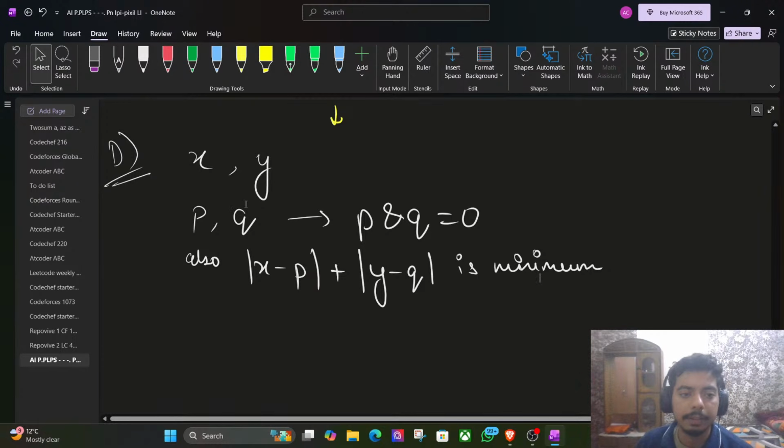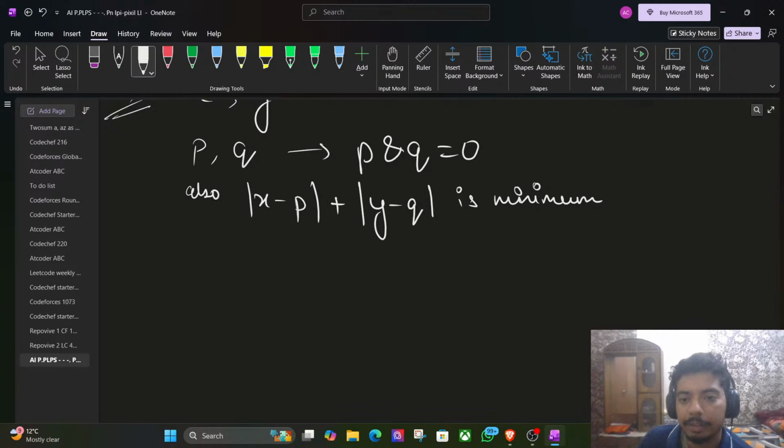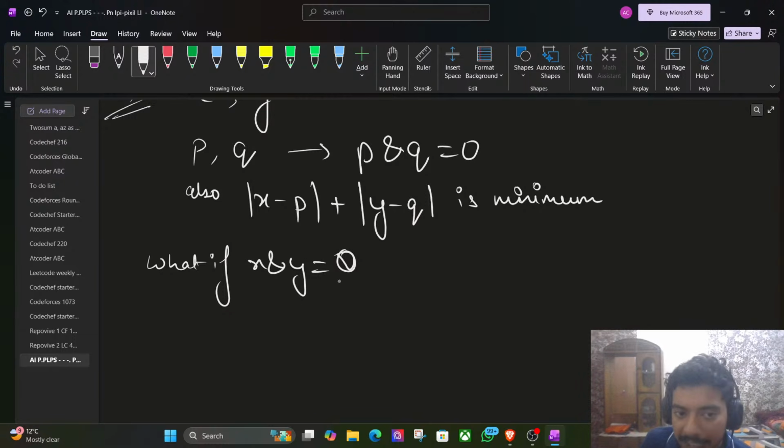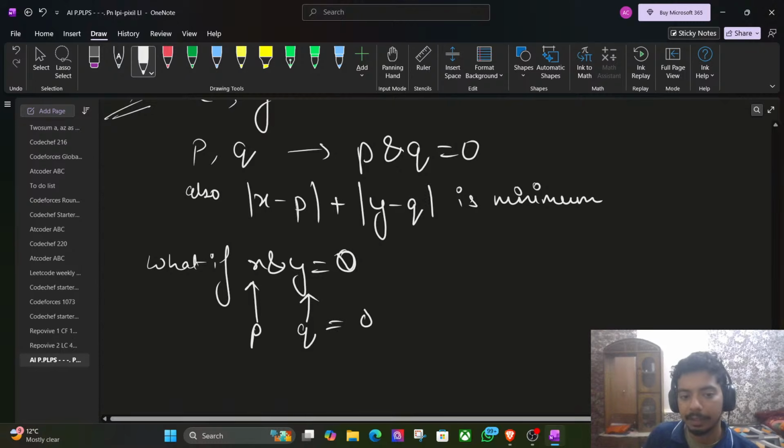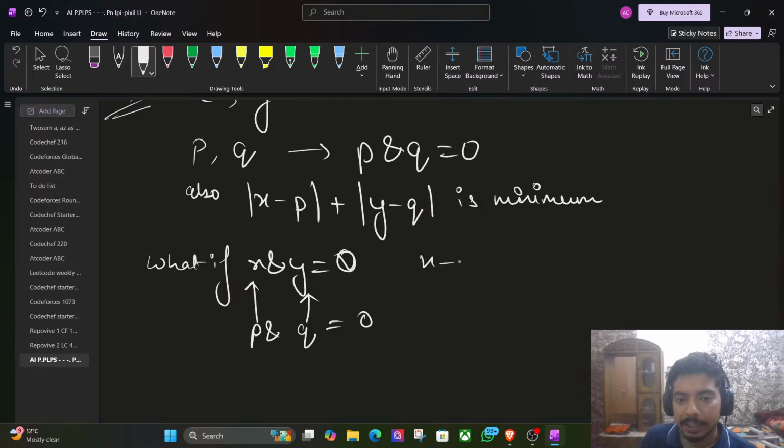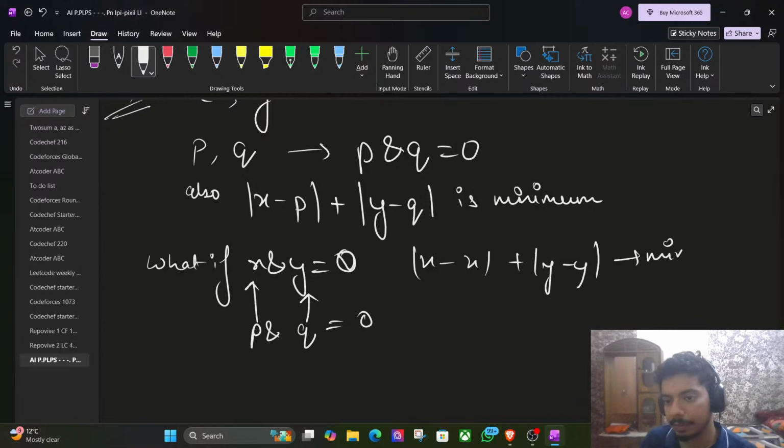Yeah, D was constructive. So let's first organize the first case. What if x and y is 0? If x and y is 0, then I can put p as x and q as y. Then p AND q will always satisfy the condition of 0, and x minus x and y minus y is the minimum most possible, which is 0.